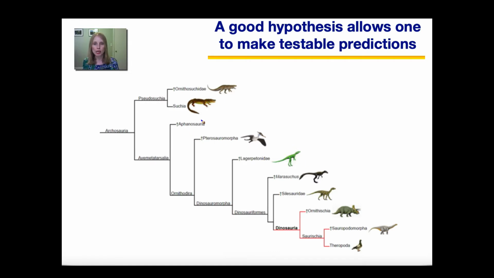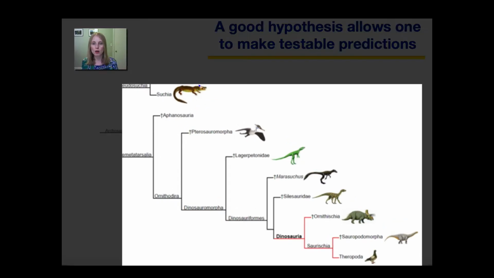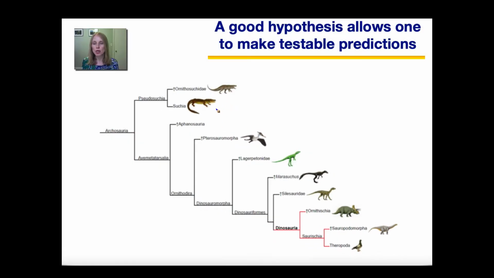So this tree shows the phylogenetic relationship between crocodiles, birds, and various dinosaurs. Now, let's say we want to take a look at when crocodiles and birds last shared a common ancestor. So the way we do that is we trace them back to where they meet.